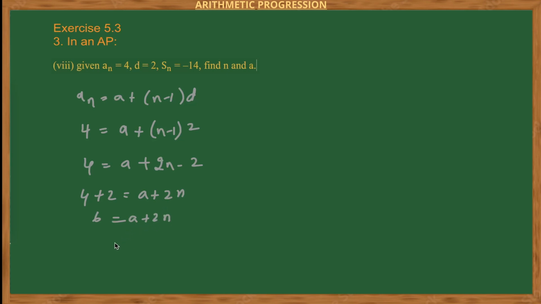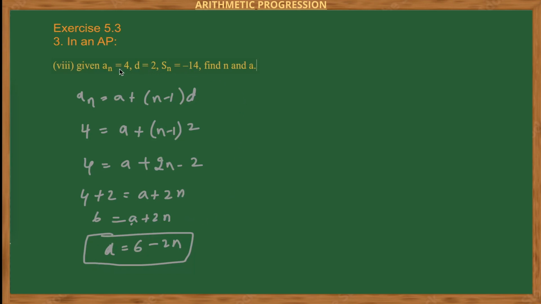There are two unknowns, so let's see. A is the one which we need to find, right? So a is equal to 6, and 2n goes to the other side, it becomes minus 2n. Let's take the value of a, and see whether we can utilize it later.